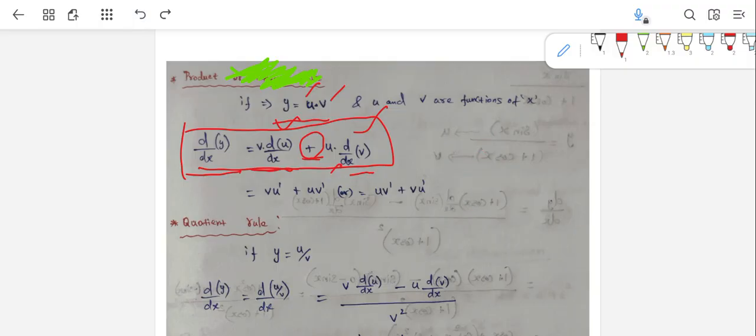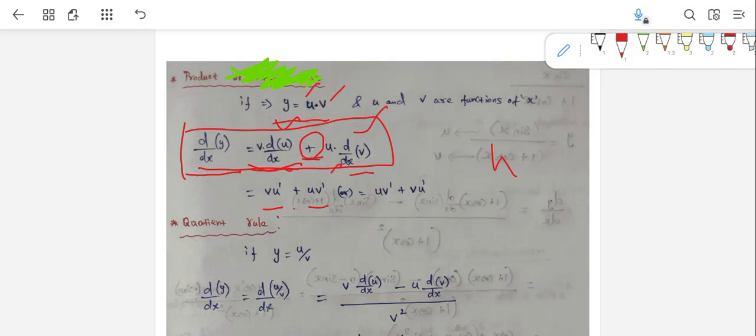So du by dx you can write as u dash, and dv by dx you can write as v dash. So v into du by dx you can write as v u dash plus u into dv by dx, u v dash.